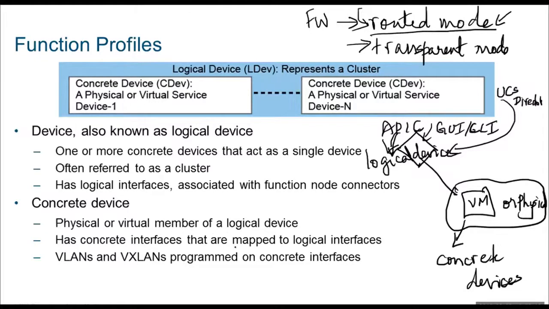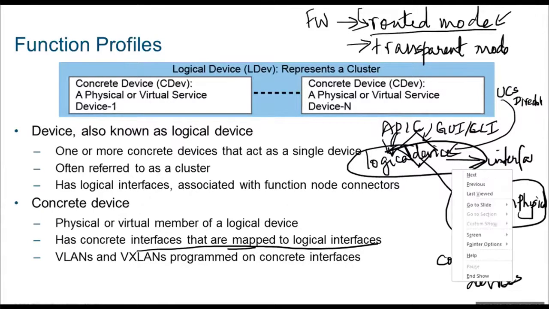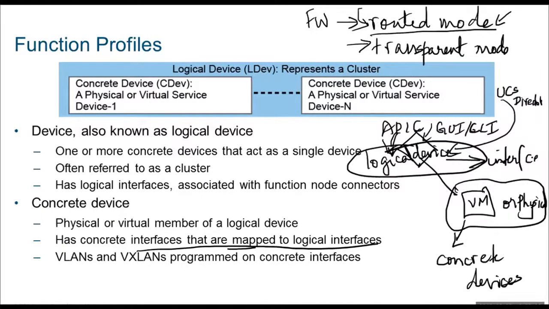Their physical interfaces are mapped to the interfaces in here, which are called the logical interfaces. So just like you would do a physical configuration of a firewall, you've got to configure some settings.